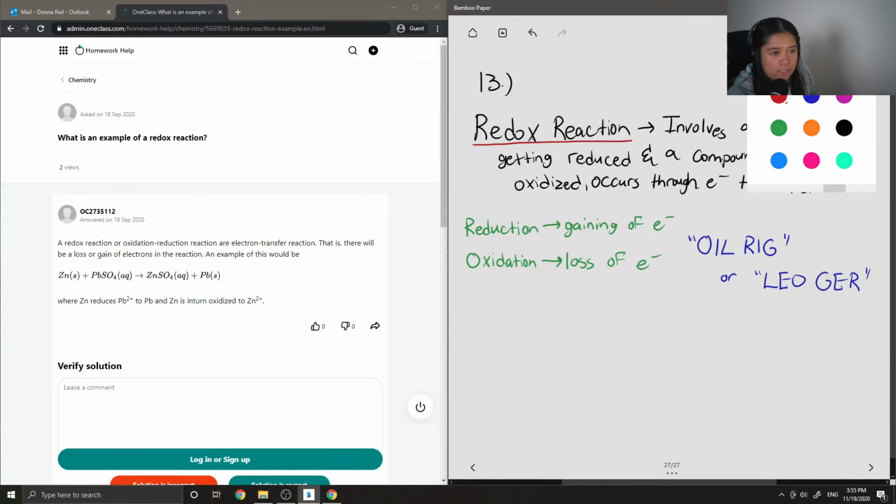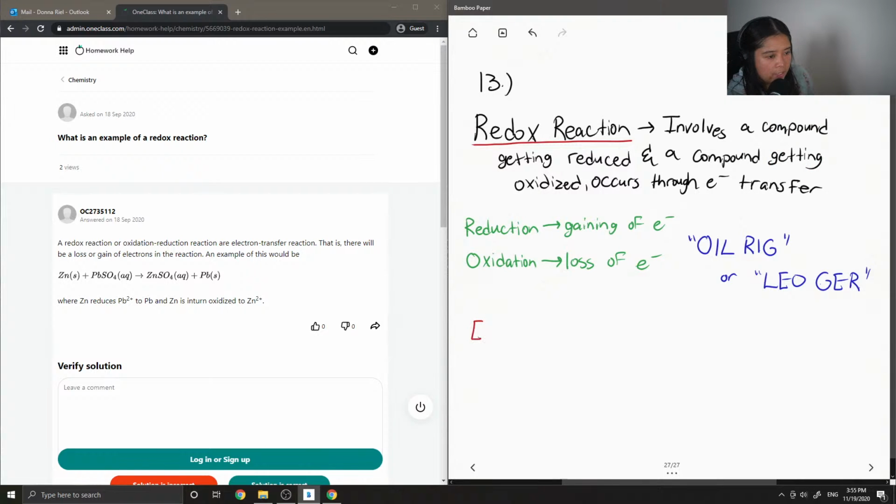So I'll just write down an example of a redox reaction down here. Let's say we had iron plus oxygen makes an iron oxide. Okay, so let me balance this equation out.